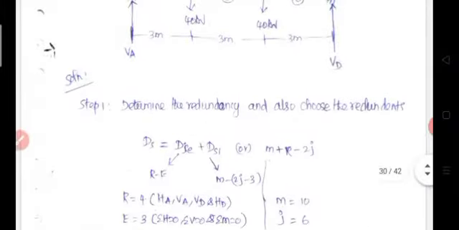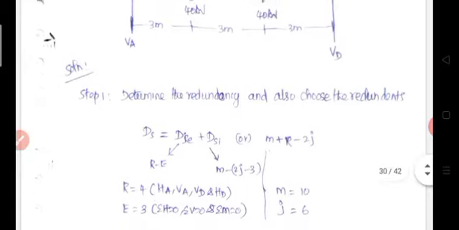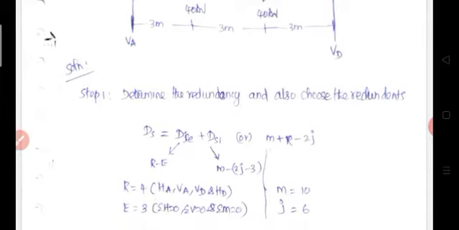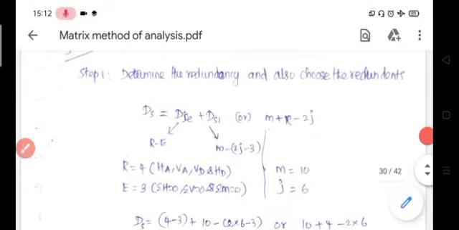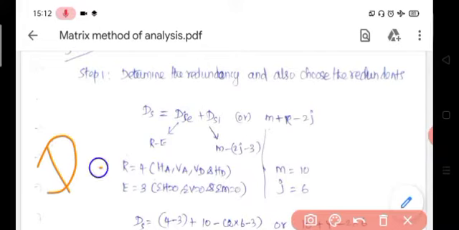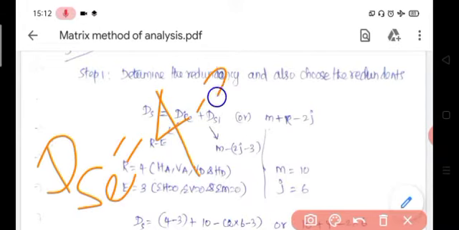Number of available equilibrium equations is equal to 3 for a two dimensional system, which are summation of H equals 0, summation of V equals 0, and summation of M equals 0. Then the external indeterminacy DSE is equal to number of unknown reactions 4 minus number of available equilibrium equations 3. So the external indeterminacy is equal to 1.